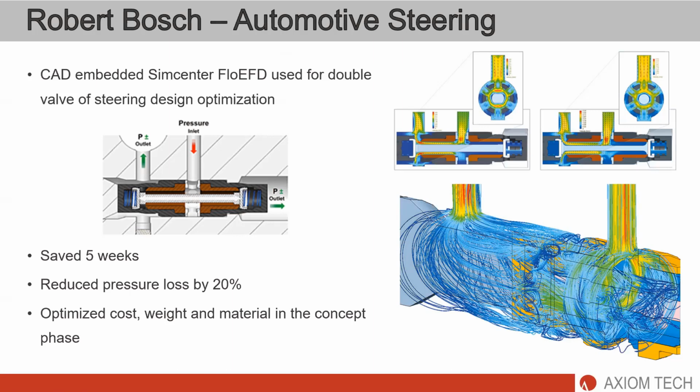At the same time, pressure drop was lowered by 20%, which leads to energy as well as cost saving. So you can imagine how many prototypes would have to be manufactured in order to achieve such a parameter without simulation.